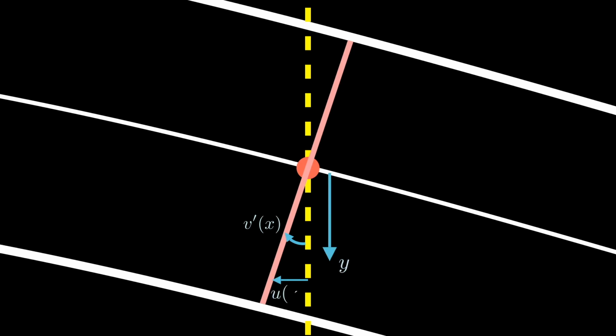Now, let's define u of x as the displacement of a point located at a distance y from the centroid, in the x direction. Because the point moves opposite to the positive x direction, we can write u of x equals minus v prime of x times y. Now, we will recall the concept of strain.